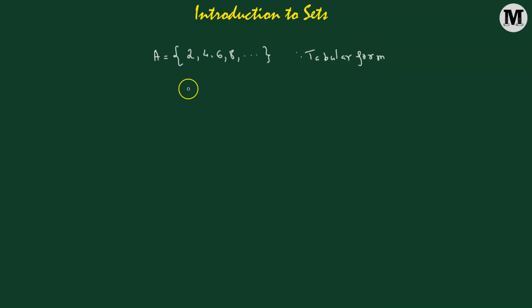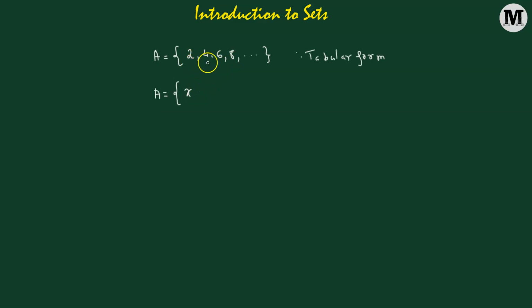Before talking about the element, let's also try to represent the given set in the set builder form. So A is a set which contains all the values X. Now what is X? X could be 2, it could be 4, it could be 6, or it could be 8.